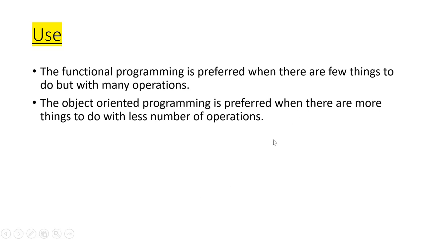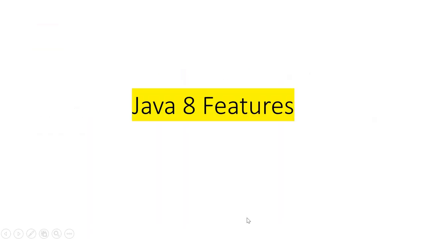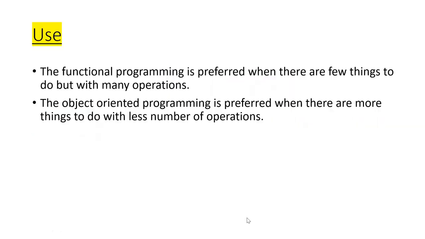By more things to do, I mean you have more statements to execute. So that's the difference between the usage of object-oriented programming and functional programming. We still use object-oriented programming, but there are different scenarios to use both of them. So both have separate space in Java.